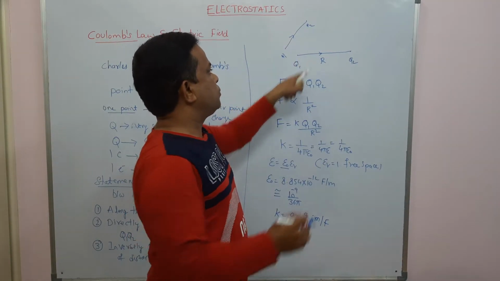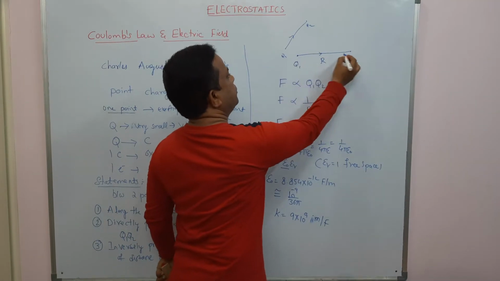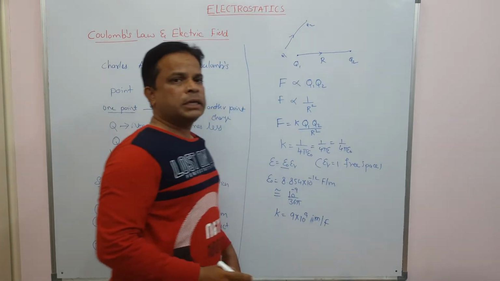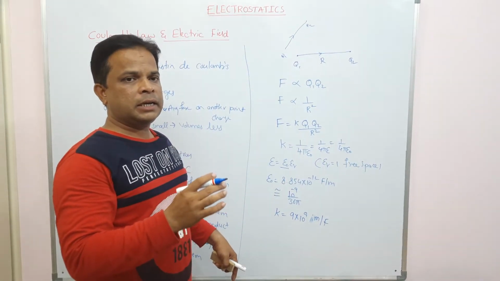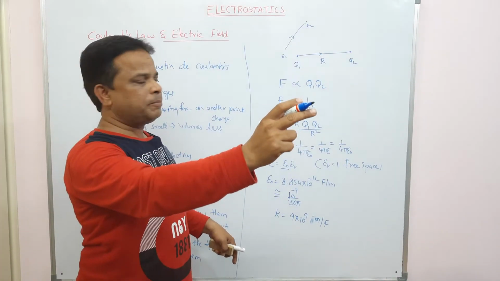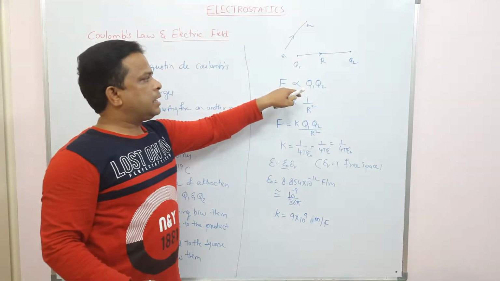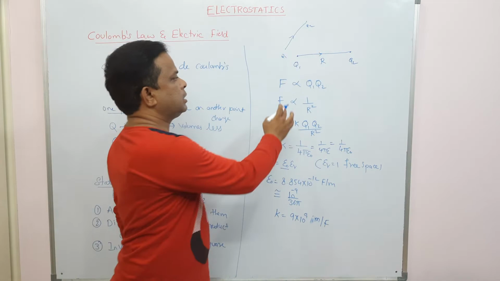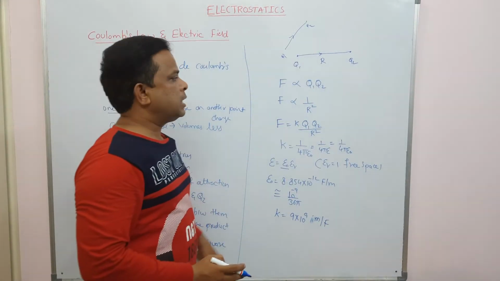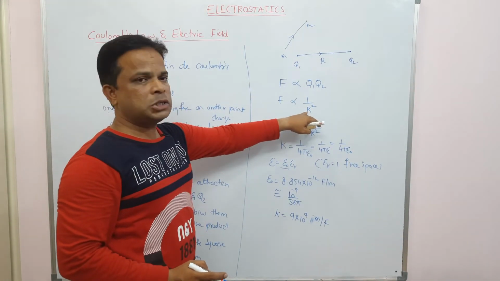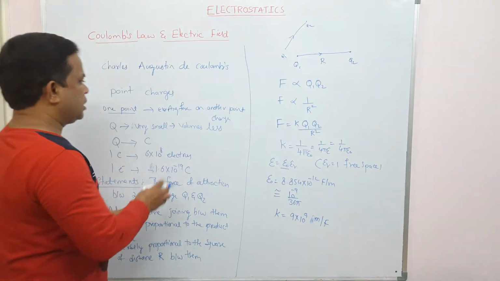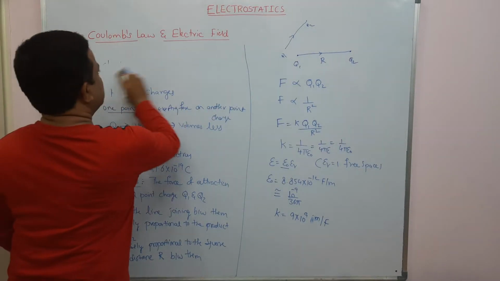Now by knowing all these, I think you might have got the idea. The force of attraction between Q1 and Q2 is exerted along the line joining between them, directly proportional to the product and inversely proportional to the square of the distance between them. Now let us take the diagrammatic view.